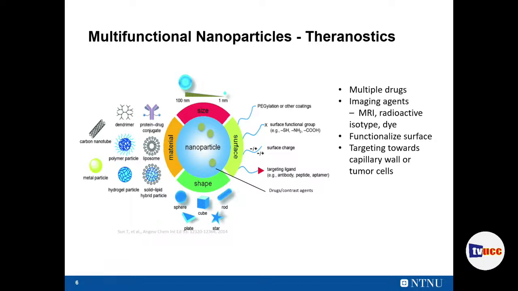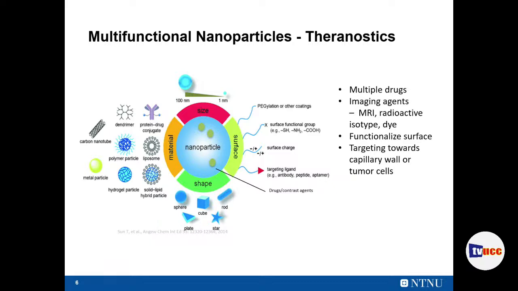And inside the nanoparticle is where we normally will encapsulate a drug and a contrast agent. When we are talking about contrast agents for imaging, it can be imaging agents for MRI, some radioactive isotopes, and some dye.